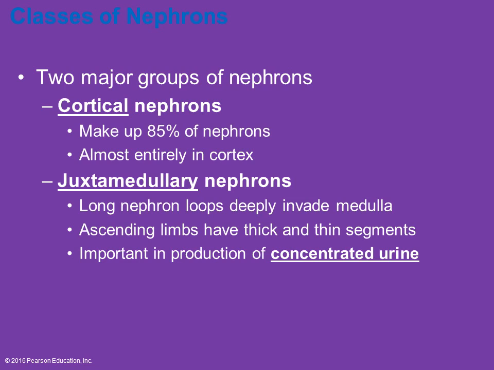There's two different types or classes of nephrons. You have the cortical nephrons. This is the most common one, and these are, in terms of their location, mostly in the cortex. You also have larger or longer juxtamedullary nephrons. They have a very long loop of Henle that does go down into the medulla, into the pyramid portion of the medulla.